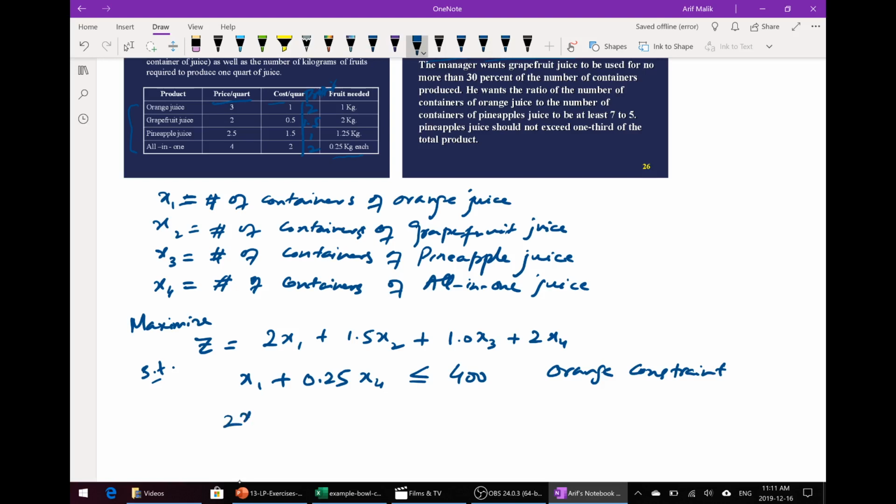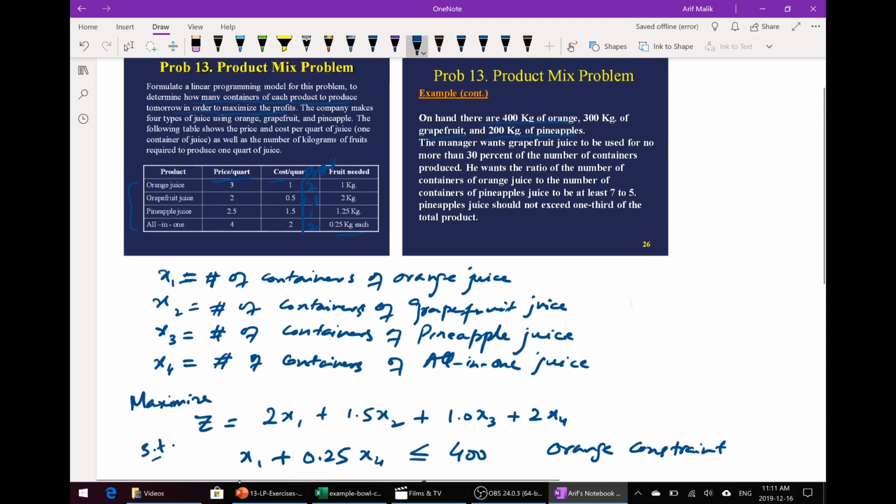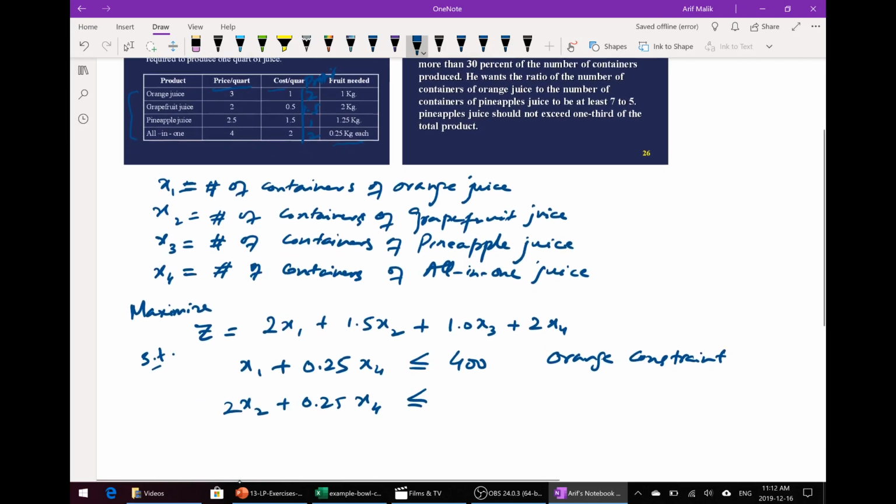So 2x2 plus 0.25x4 needed for making all-in-one, again less than or equal to 300 kilograms, the total available.